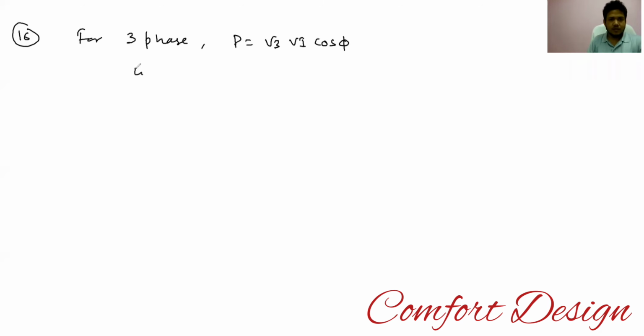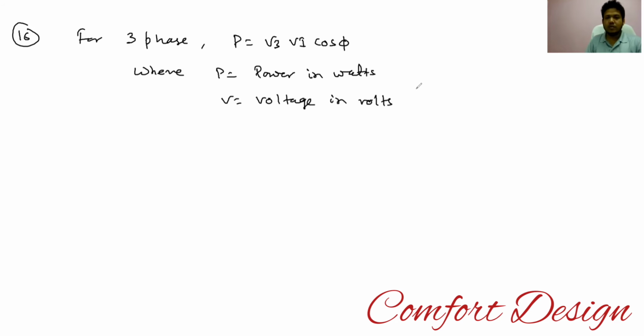Point number 16 is for three phase, power equal to root 3 VI cos phi, where P equal to power in watt, V equal to voltage in volts.